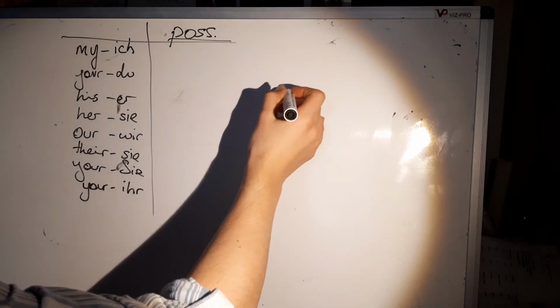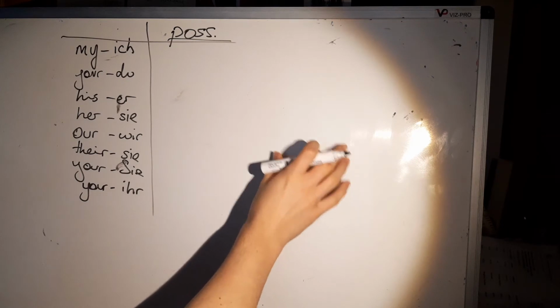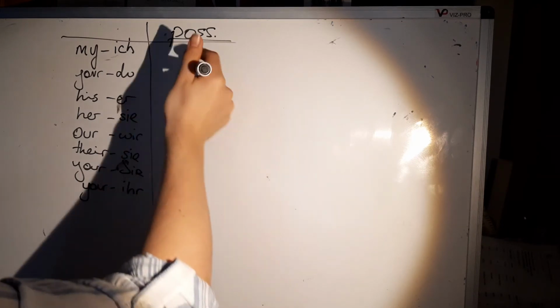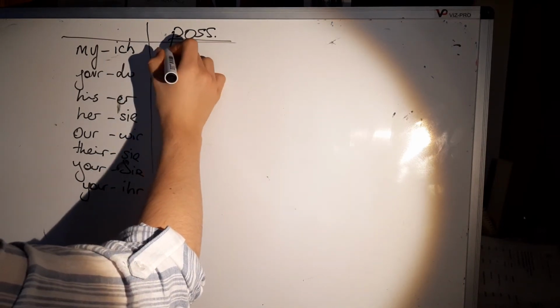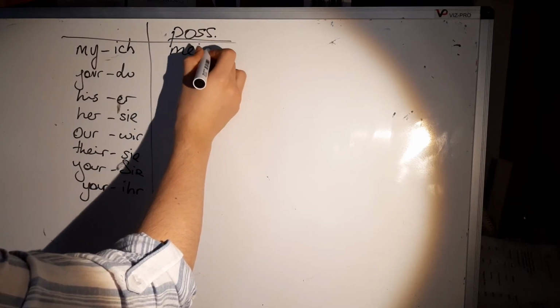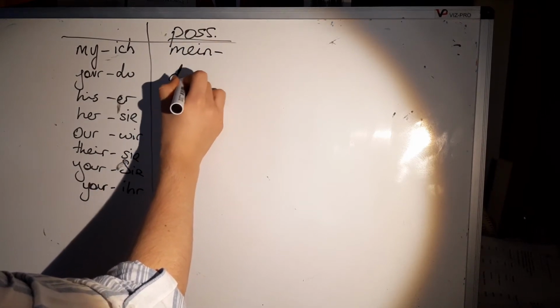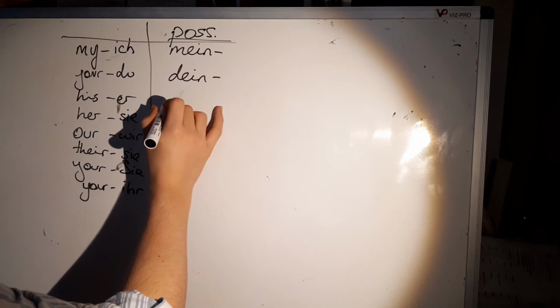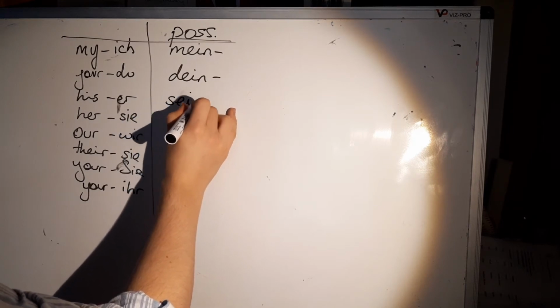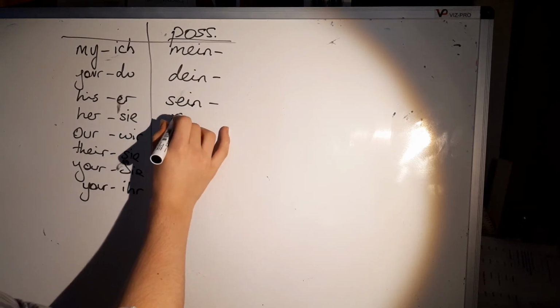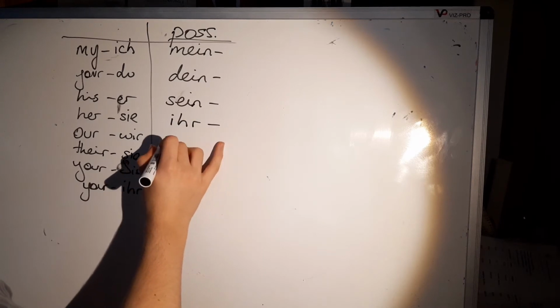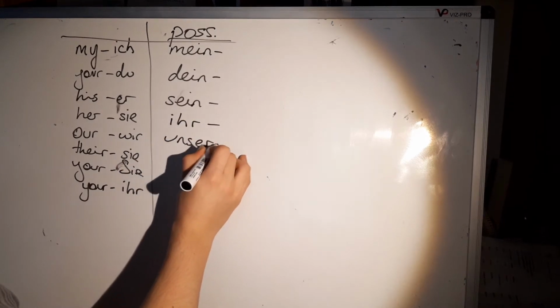And I'm going to draw up some rules over this side just so you know how the genders work in relation to the pluralization. My is mein, and then you put the endings on. Your is dein, and then you put the endings on. His is sein, then you put the endings on. Her is ihr, then you put the endings on. Ours is unser, then you put the endings on.